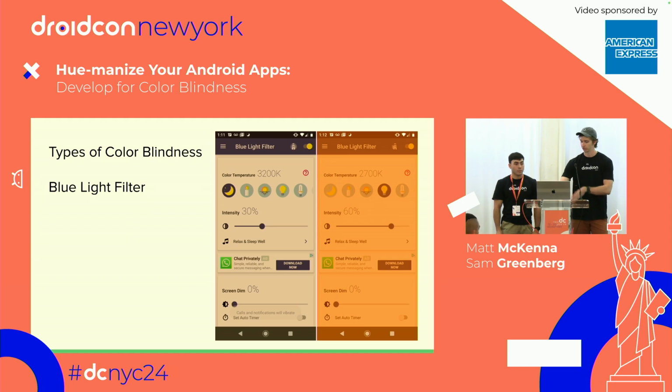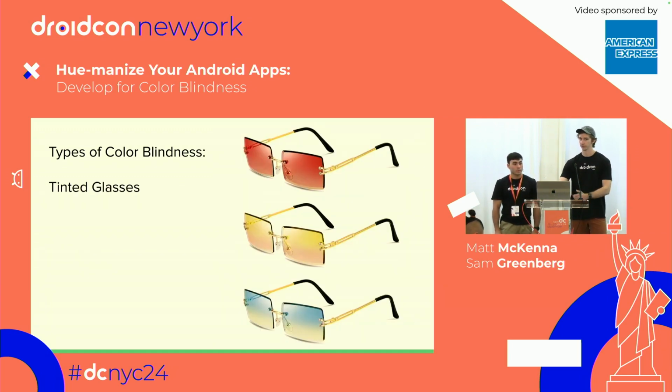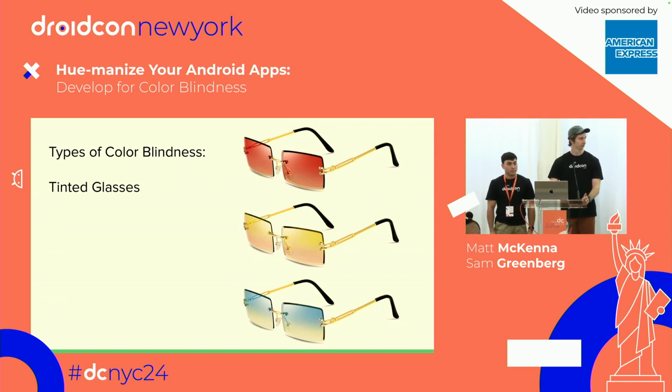This could shift a user's entire screen more orange, and so you want to make sure that things are still going to be usable by them. But this is a software solution. There could also be more mechanical solutions, such as tinted glasses, whether they're sunglasses or yellow glasses for driving, or again, blue light filters, stuff like that.